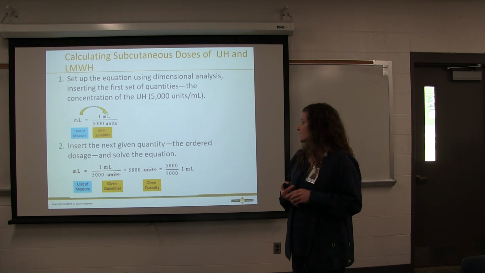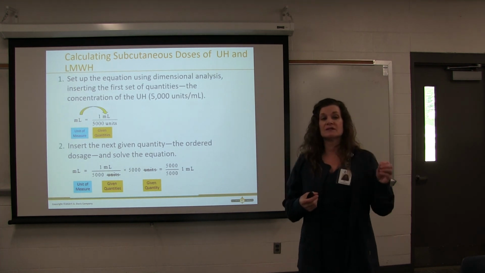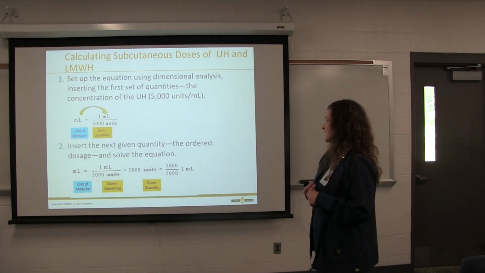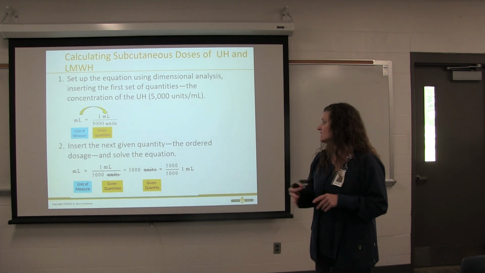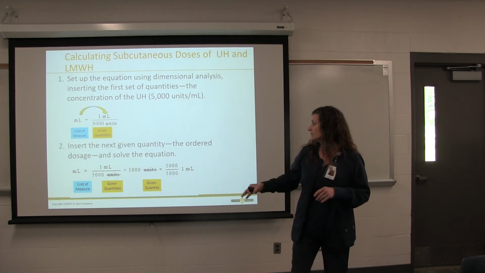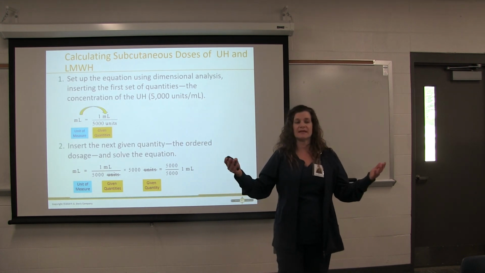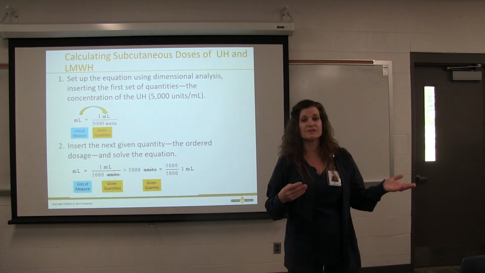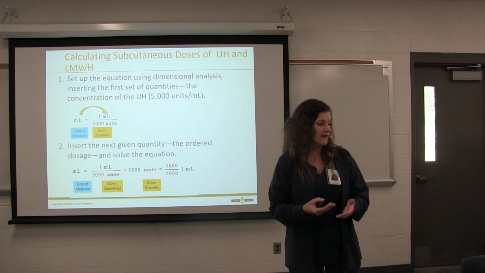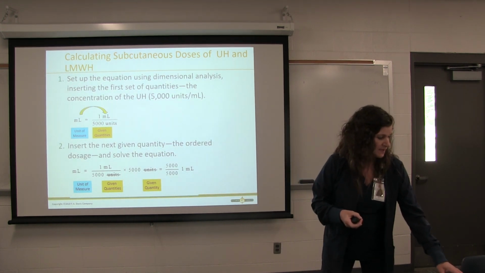The next thing given is going to be the ordered dose, and in this case, it was 5,000 units. So when you do your crossing out, that's back to a milliliter. That was pretty self-explanatory in the original order since it was already pre-given in that 5,000 unit amount.